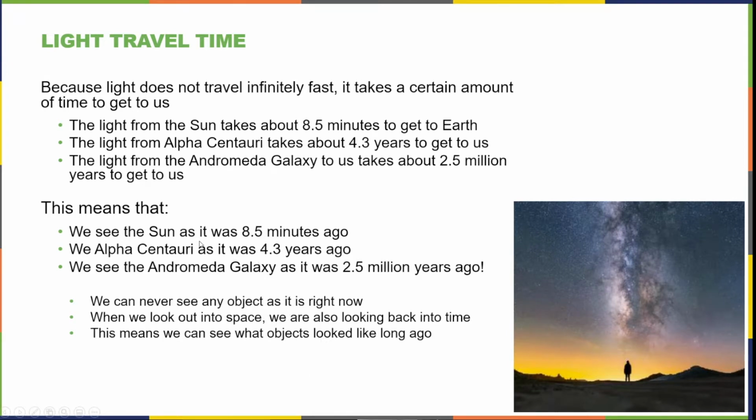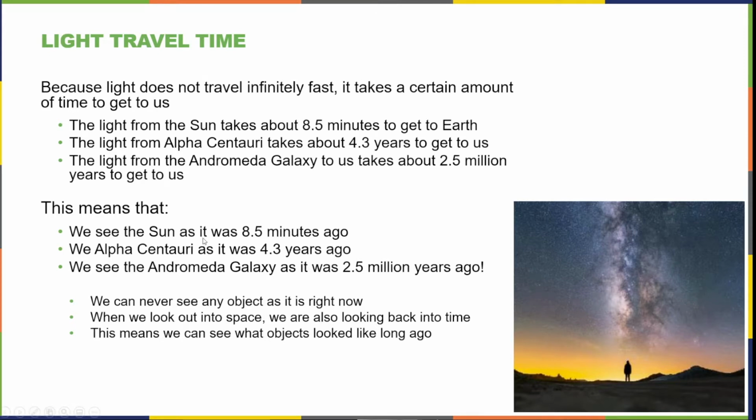So we're seeing the Sun as it was 8.5 minutes ago. If the Sun were to just vanish at this instant, we would still see it for the next 8 minutes 20 seconds, because that's how long the last light that left the surface of the Sun would take to reach us, and after that it would vanish.